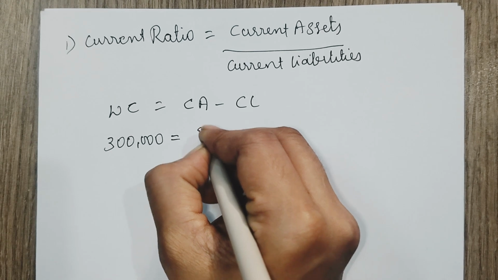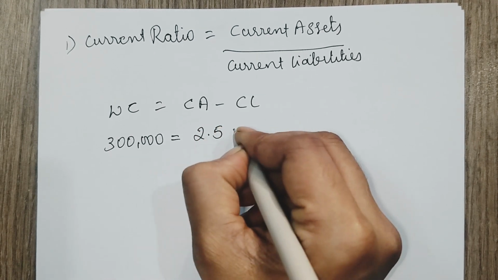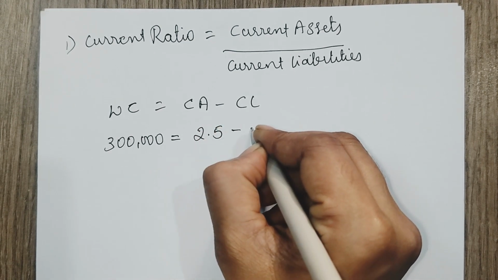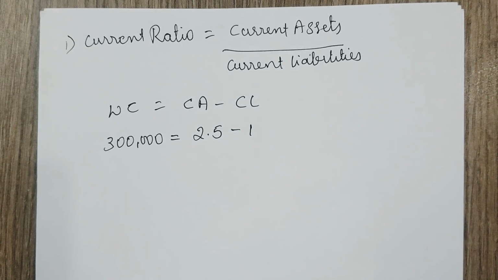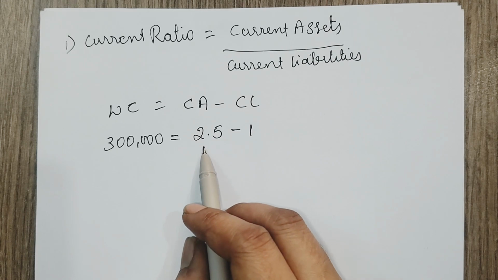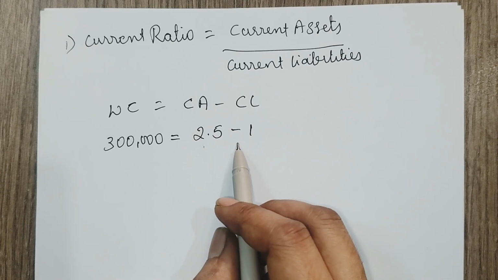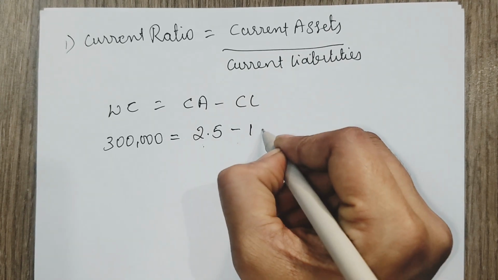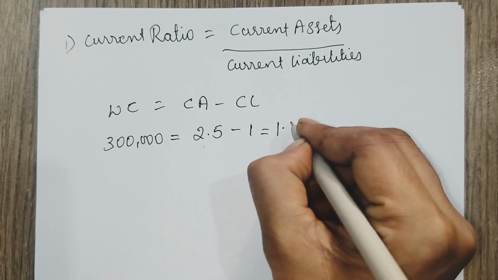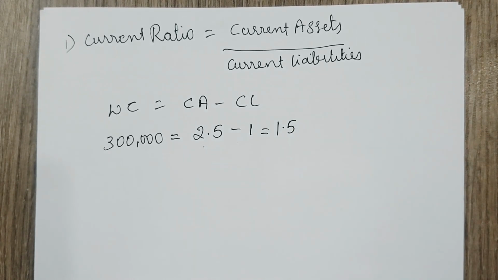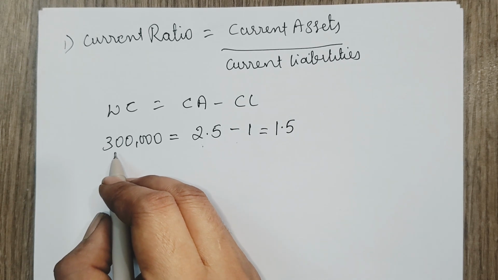The current ratio is how much? 2.5 to current liability 1. We know 2:1 is the ideal ratio for current ratio. So 2.5 current assets minus 1, what is the remaining? 1.5. Current assets minus current liabilities, working capital, is 3 lakh.